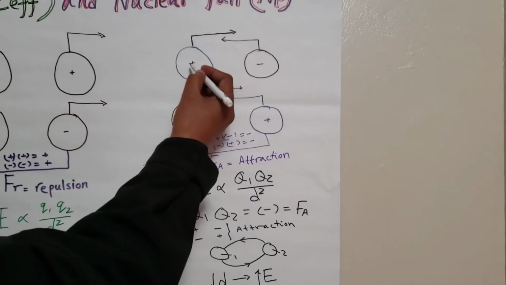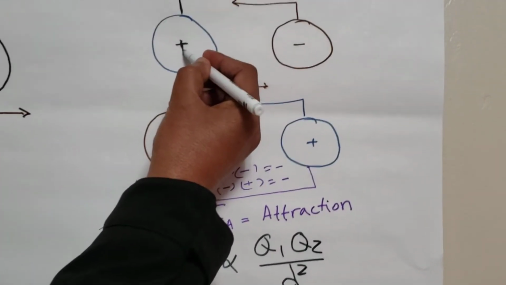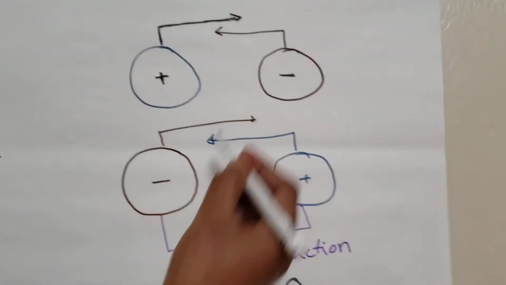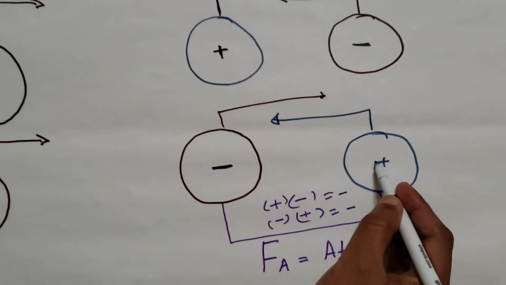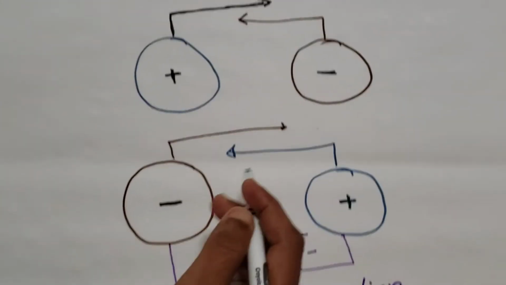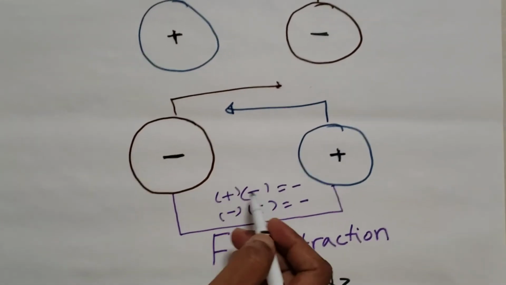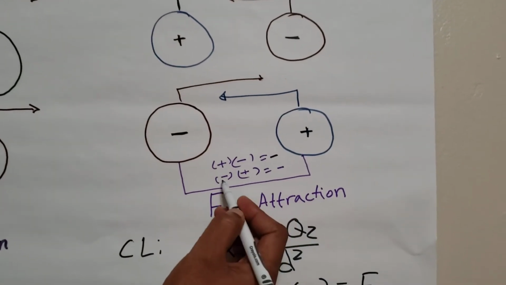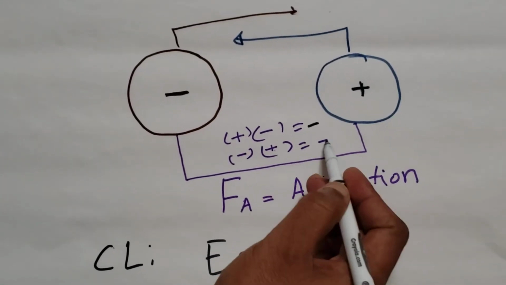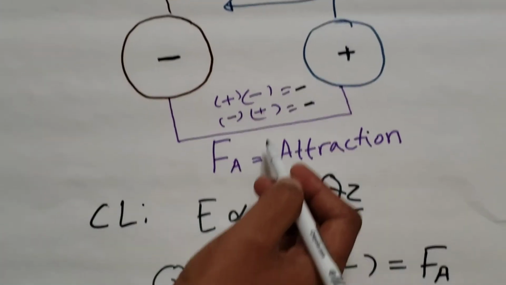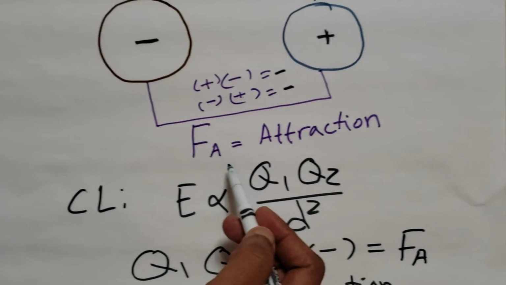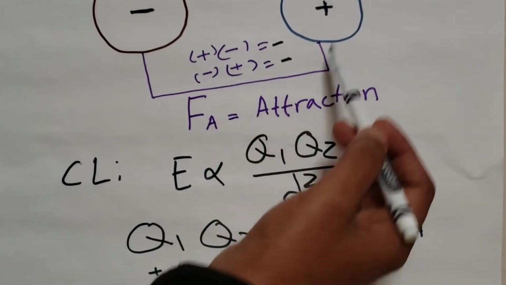So now look at here. Here you have one positive charge and another negative charge, or one negative charge and another positive charge. So they will attract each other. That means attractive forces will work between them.